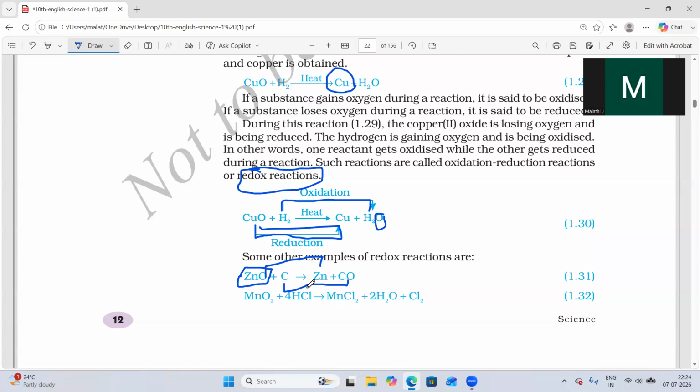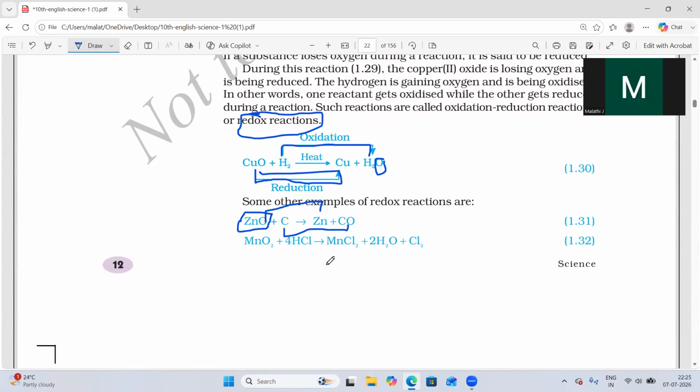Addition of oxygen means oxidation. Removal of oxygen is called reduction. A reaction that involves both oxidation and reduction is called a redox reaction.